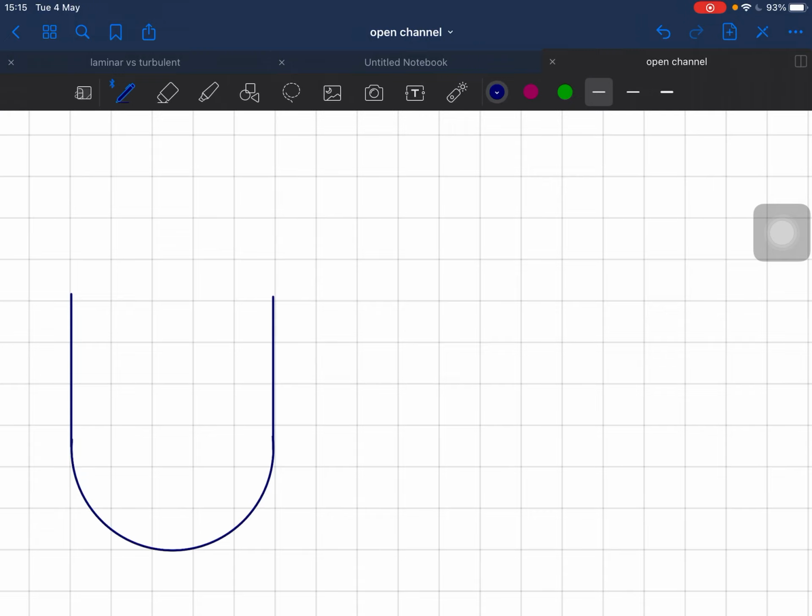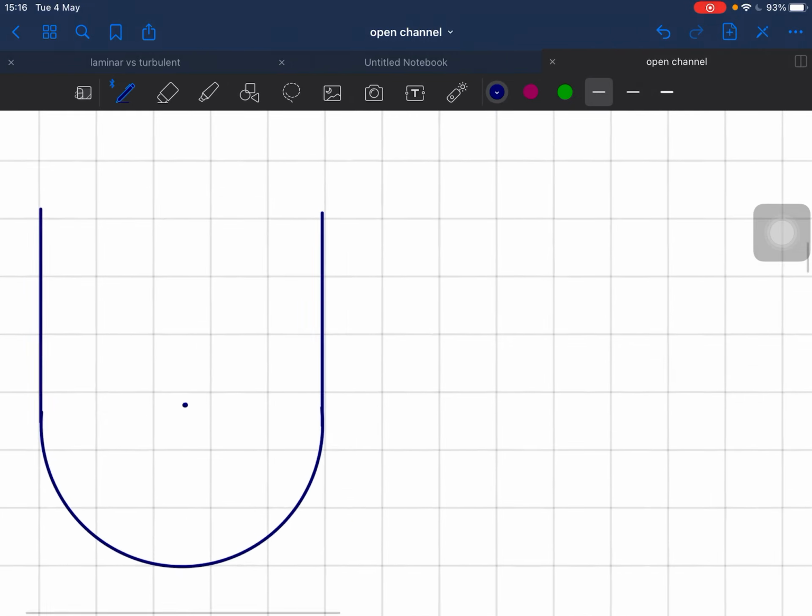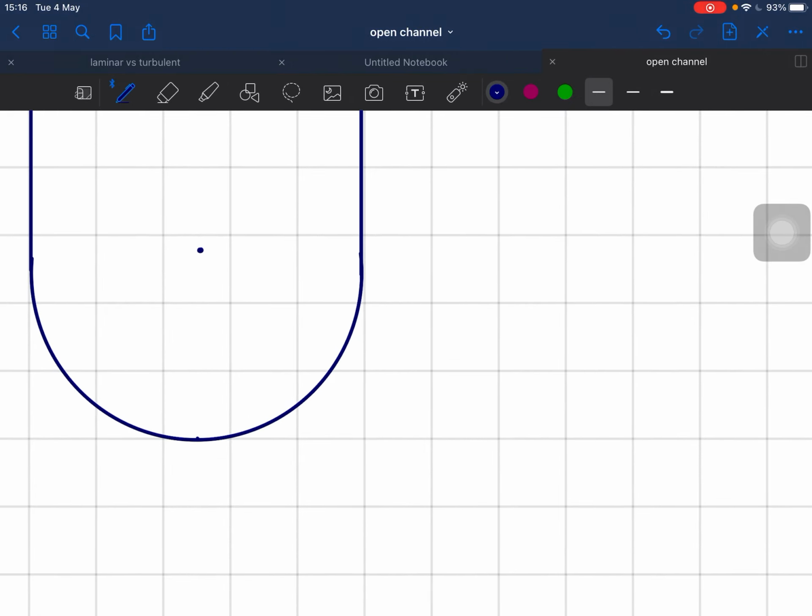So this is the center, and this is the lowest point here. This is the radius, 0.6 meter.